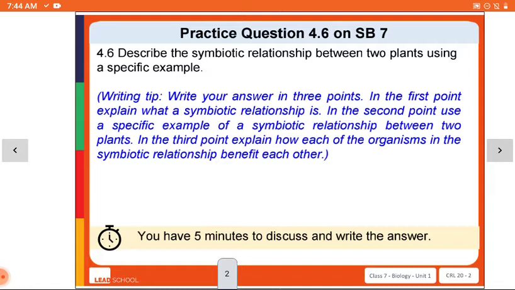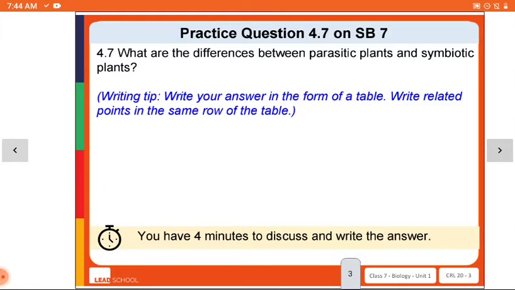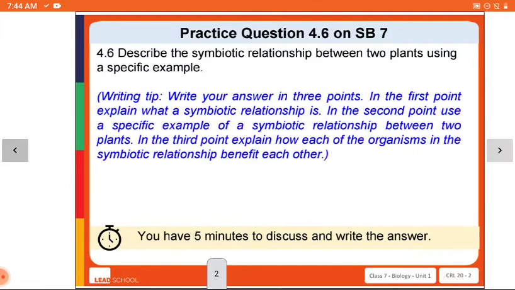So that is, in the first point, explain the symbiotic relationship between two plants using a specific example.